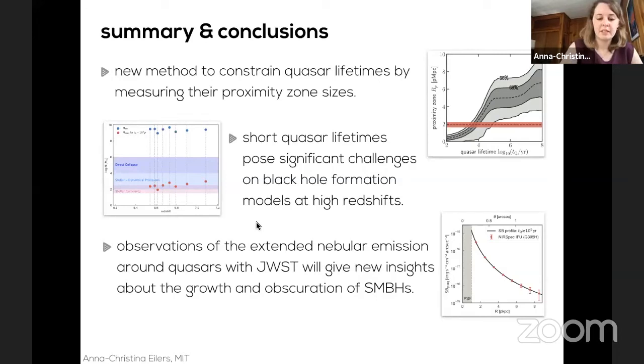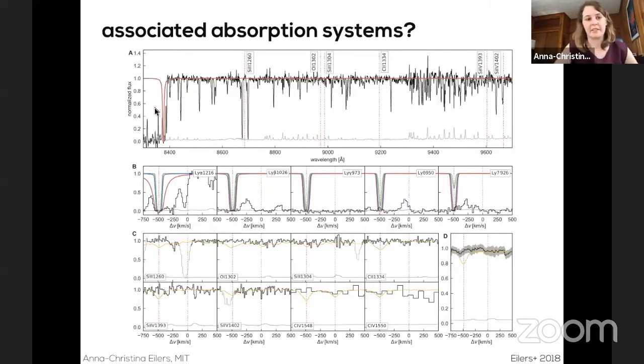The way we're doing this, I think I have a plot here, the best we can, basically. We're putting a hypothetical absorption system at the end of the proximity zone, and we search for whether, if there were an absorption system, we would see any of the low ionization metal lines that could be associated to the system.